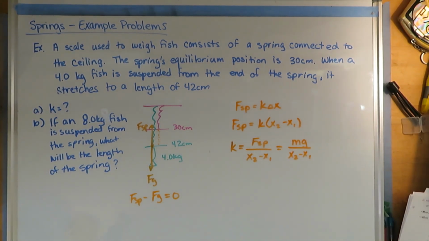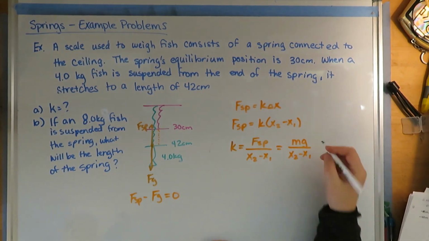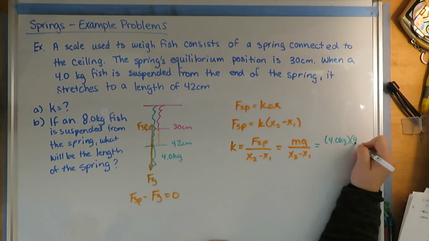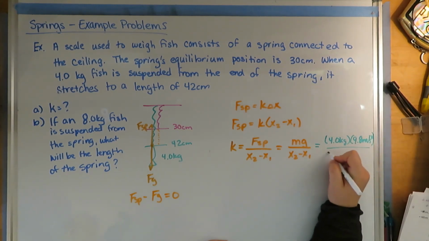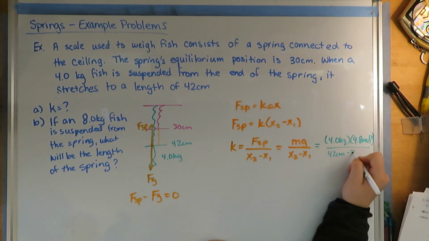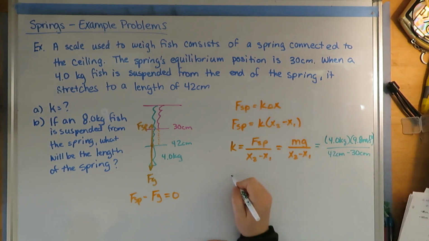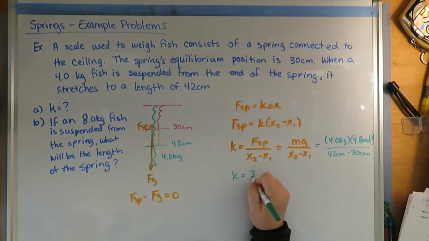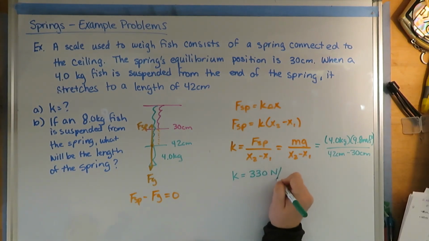If you sub in numbers, we get that m is 4.0 kilograms, g is 9.8 meters per second squared, and x2 minus x1 is 42 centimeters minus 30 centimeters. And we end up with a spring constant that is going to equal 330 newtons per meter.